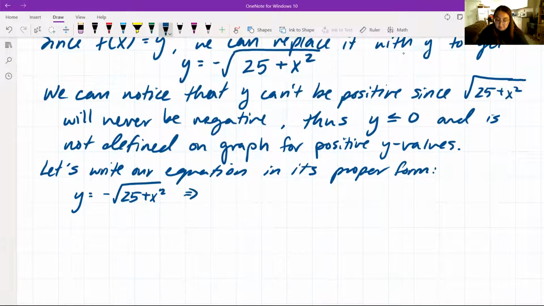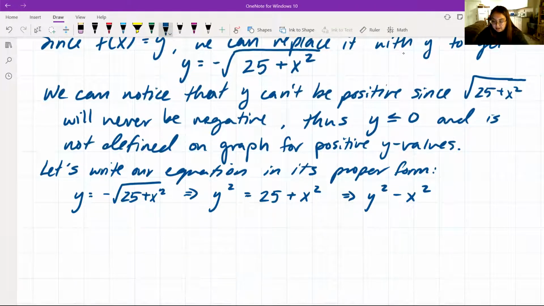If we square both sides, this gives us y squared is equal to 25 plus x squared, which then we subtract x squared from both sides. We get y squared minus x squared is equal to 25.